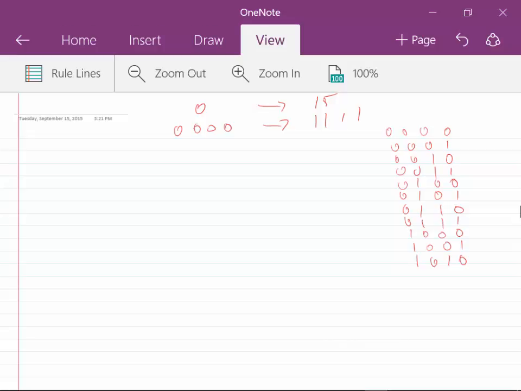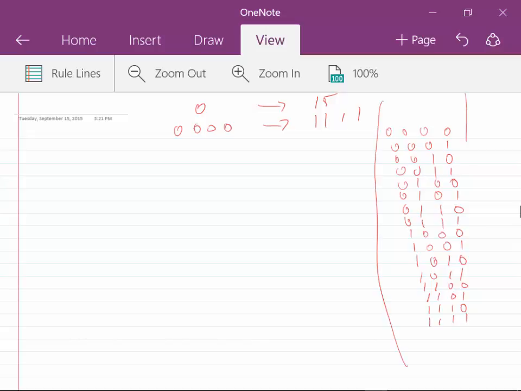I know it's annoying listening to me do this, but if I don't say it as I do it, for some reason I mess up. 1, 0, 1, 1, 1, 1, 0, 1, 1, 1, 1.